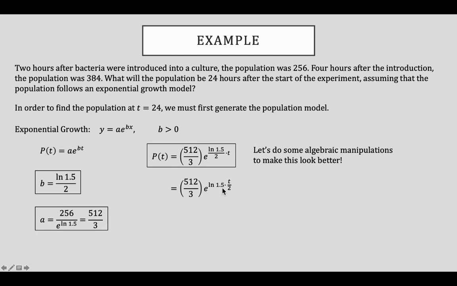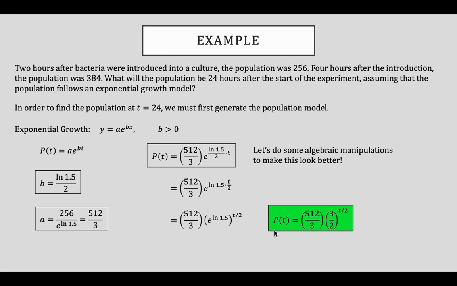That is the equivalent of an exponent being raised to an exponent. And the reason we like this is because we now have e to the ln of 1.5, which just simplifies into 1.5 or 3 over 2, giving us our equation for p of t is equal to 512 over 3 times 3 over 2 raised to the t divided by 2.